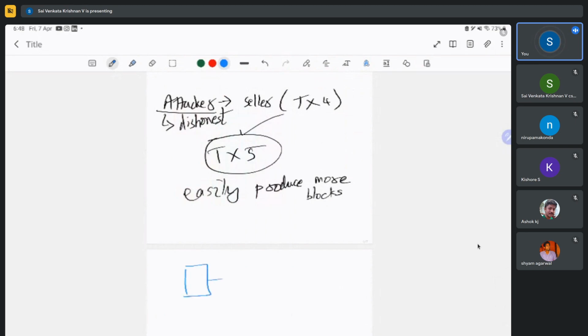Instead, since the difficulty level is low, the attacker will just start creating a chain of, say, 7 blocks or something, and all of these blocks would be valid. And among these valid blocks, transaction 5 would also be inserted in one of these blocks.